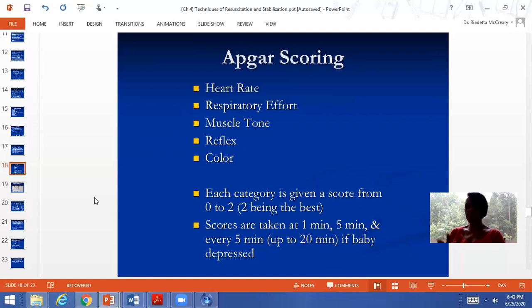If they're somewhere in the middle, not very active, but if you bother them, they kind of respond, then they're a 1. Now, reflex, we look at the root reflex. We look to see if we touch the corner of their lip, do they turn their head towards you.